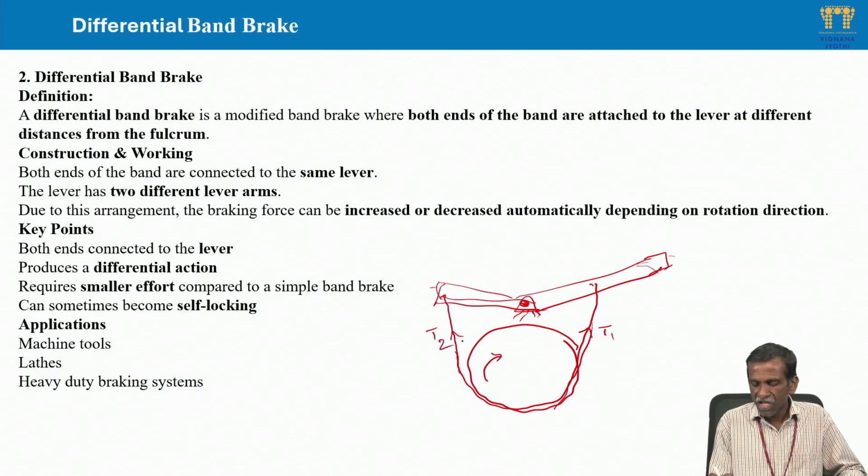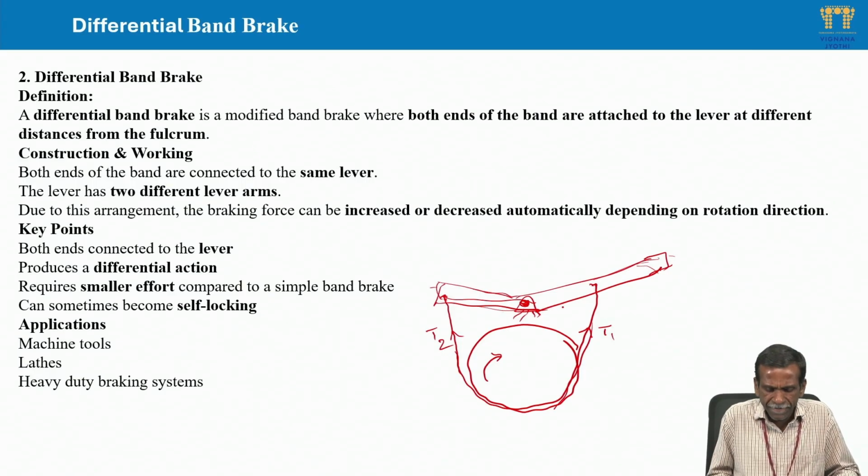As in the simple band brake, but the ends of the band are attached to the arms. It is not attached to the fulcrum. In case of band brake, one end is attached to the fulcrum, that is the frame you can say, and the other end is attached to the lever. Basically the lever consists of two arms in case of differential band brake.